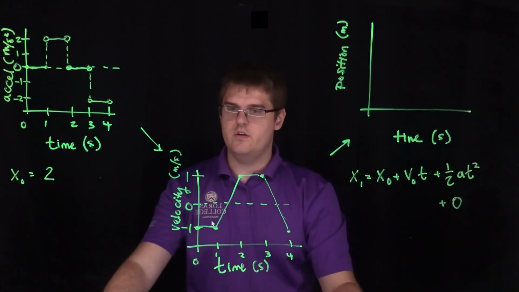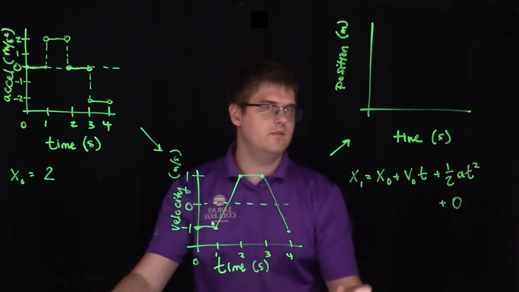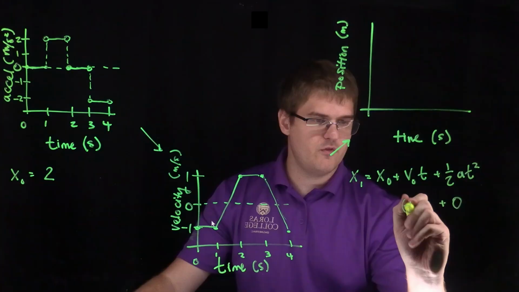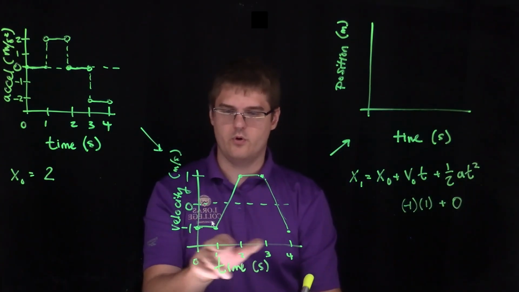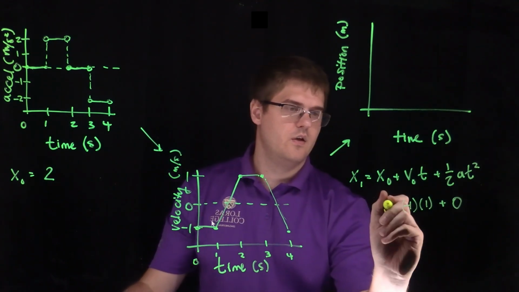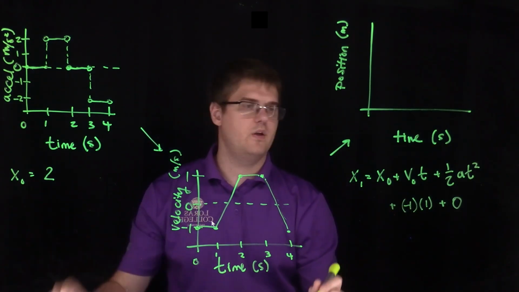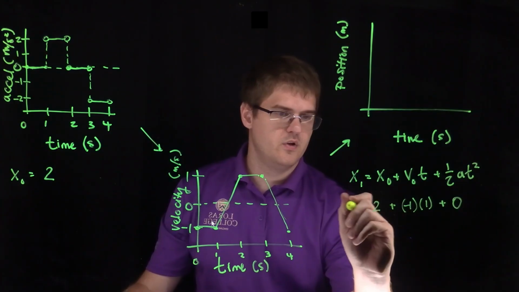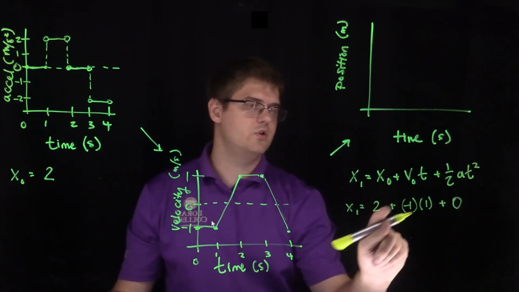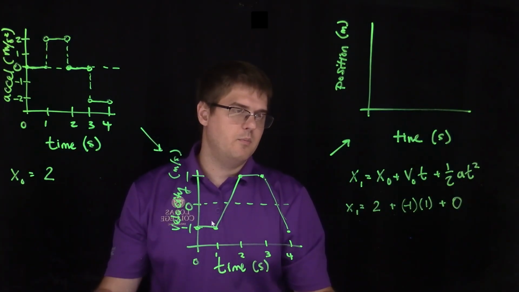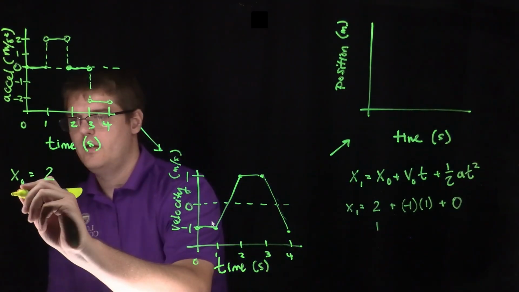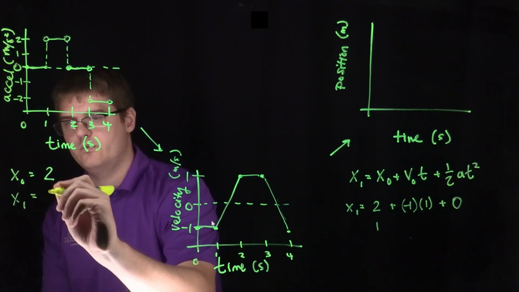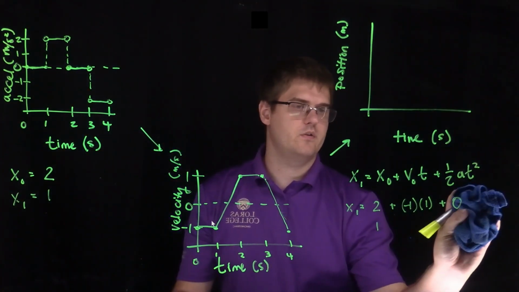My velocity between 0 and 1 is -1. So I've got -1 times my time, which between 0 and 1 is 1 second. And my position 0 is 2. So x1 is equal to 2 plus -1, which is just going to be 1. So x at time 1 is 1. Perfect.